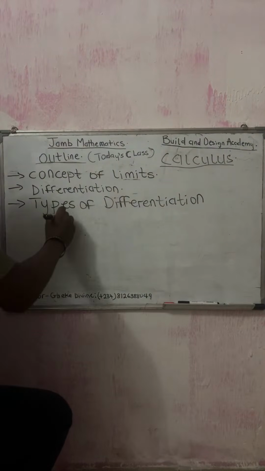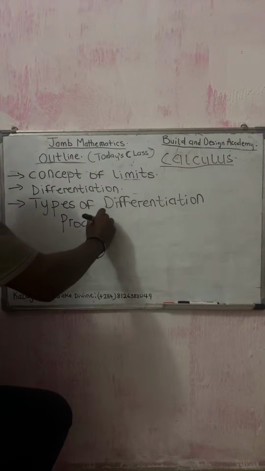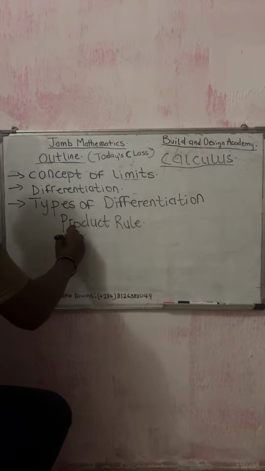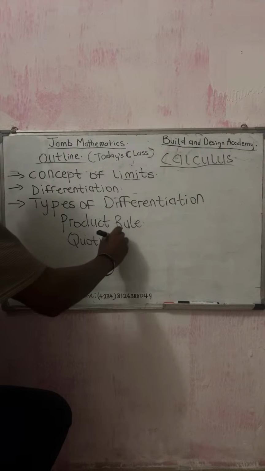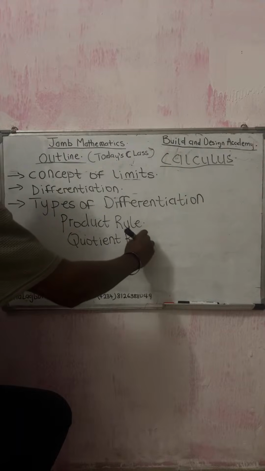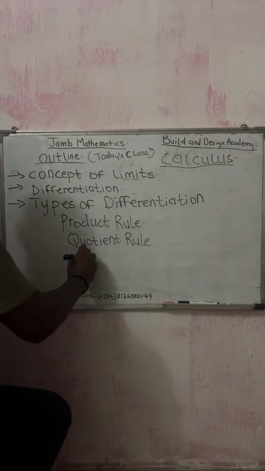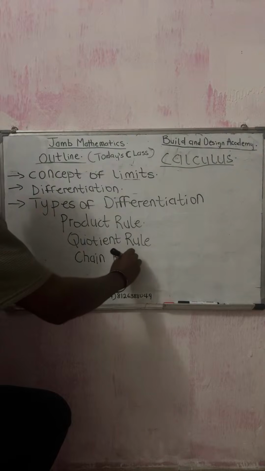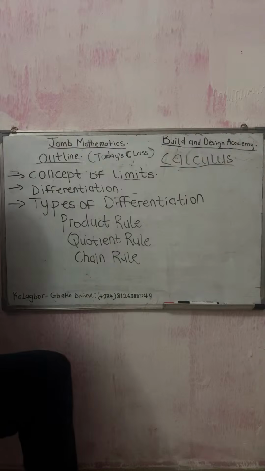We look at the product rule. Look at the quotient rule. We also look at the chain rule. And we see examples on each of them.